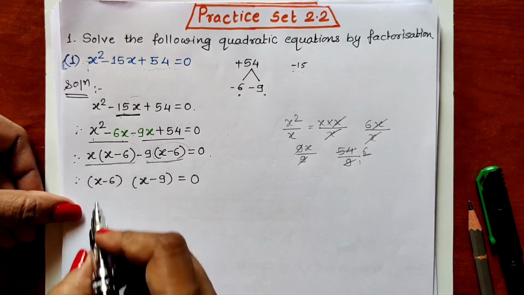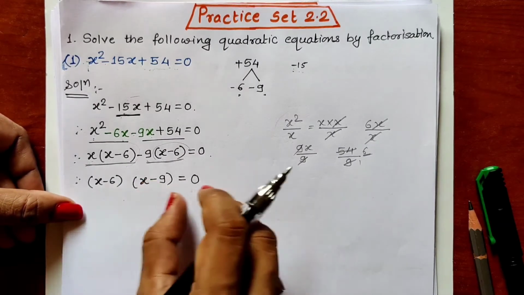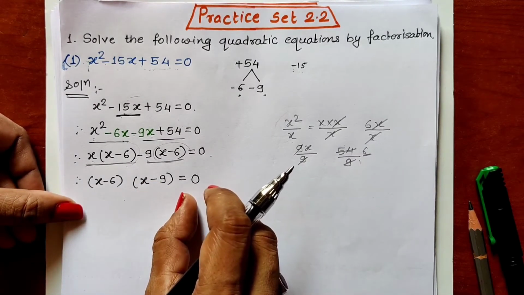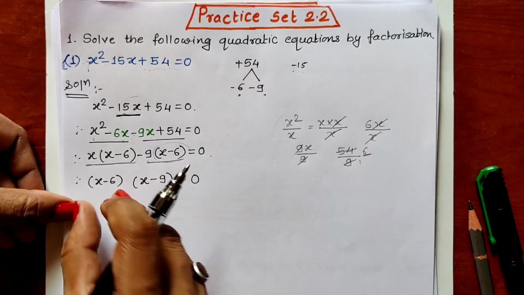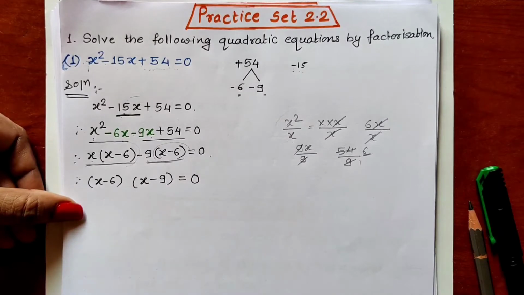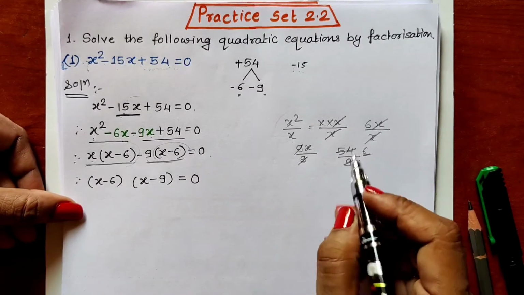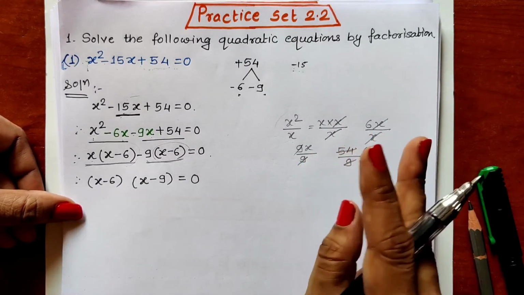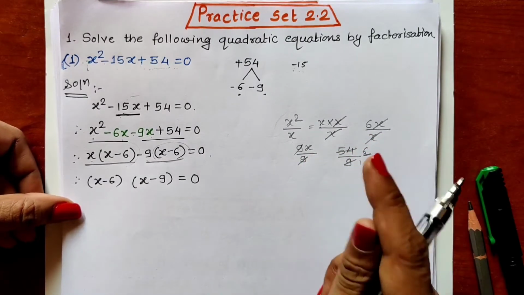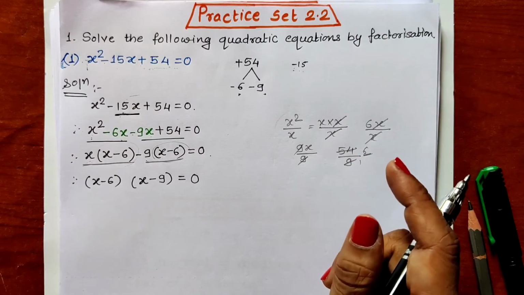After this, what do we have to write? The multiplication of both the brackets is 0. It means either this bracket is equal to 0 or this bracket is equal to 0. Correct? We all know that when the multiplication of two terms is 0, either one term is equal to 0 or the second term is equal to 0.